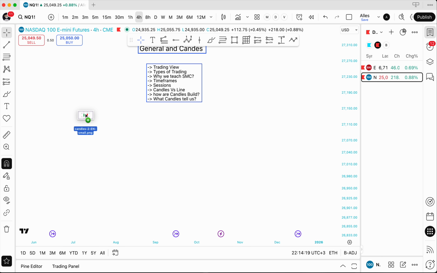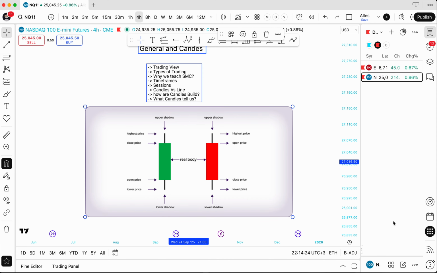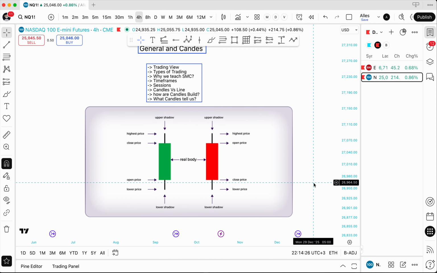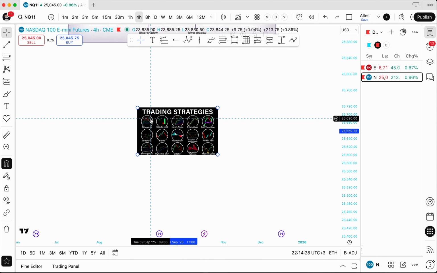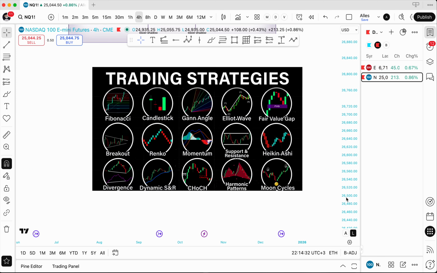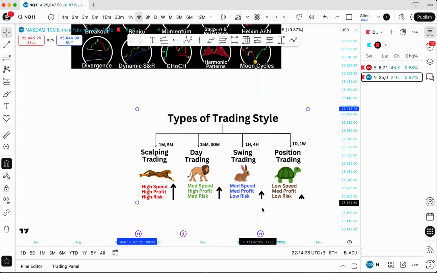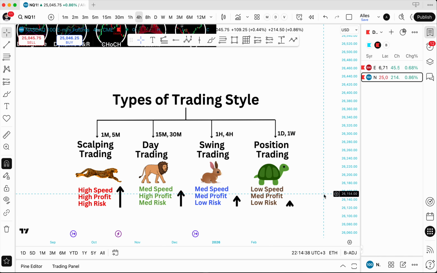I will put all the pictures here again, so you can take a screenshot of the candles. Okay, now I put the strategies right here, so you can take a screenshot of this too. And lastly, about the different types of trading, about investing, about swing trading, day trading, and scalping.